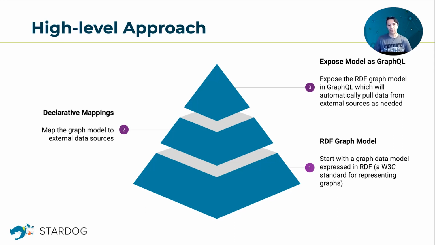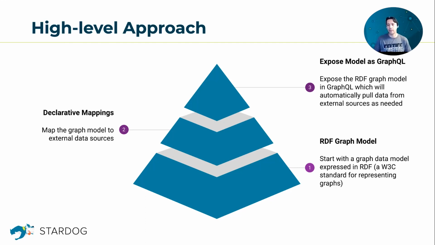Then we can map this graph model to external data sources. The mapping process is not implementing resolvers, but mostly defining how the nodes and relationships in a graph correspond to tables and columns in a relational system, for example.